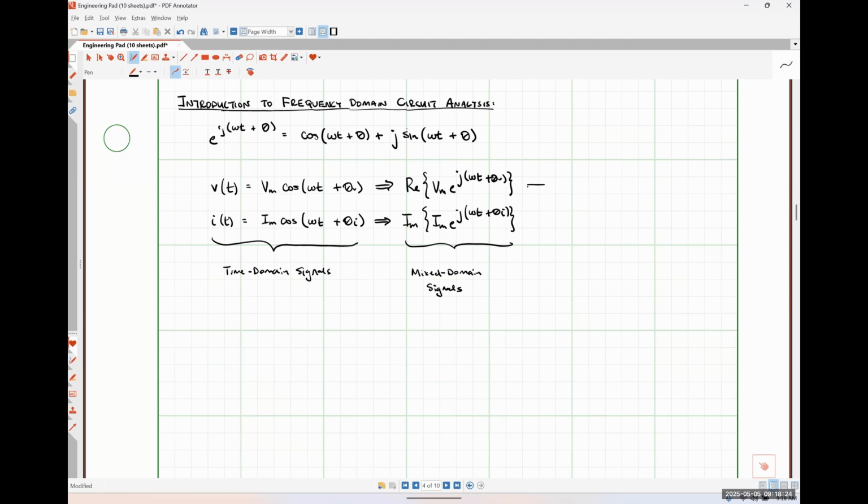And what we can do is we can use that shorthand notation, just like we did a couple of minutes ago, where we just keep our magnitude and we keep our phase angle and we throw everything else away and come up with what are called phasors or frequency domain signals.